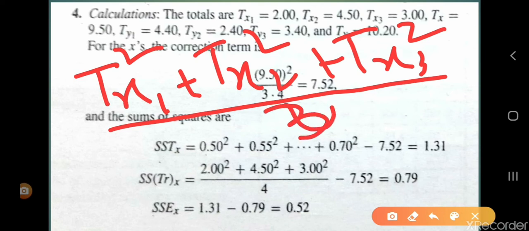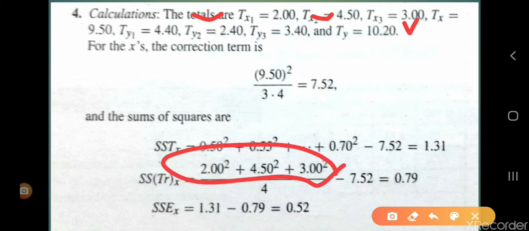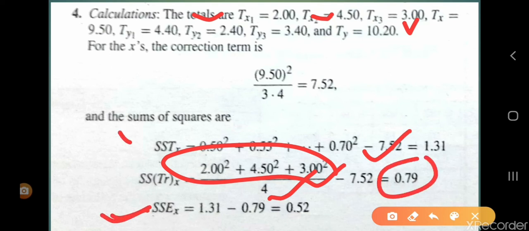Number of levels are 4, minus c. So tx we have already calculated, that is tx1 is 2, tx2 is 4.5 and tx3 is 3. So that square divided by 4 minus this will give us treatment sum of square. The error sum of square is nothing but total sum of square minus treatment sum of square, that is 1.31 minus 0.79 will give us 0.52, that is error sum of square for x.